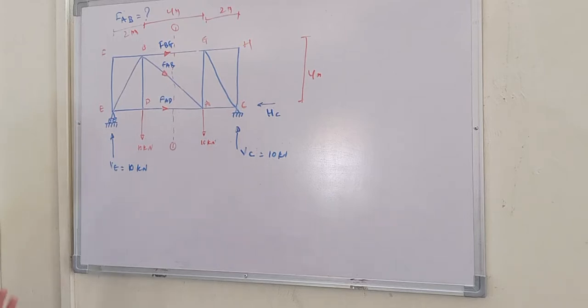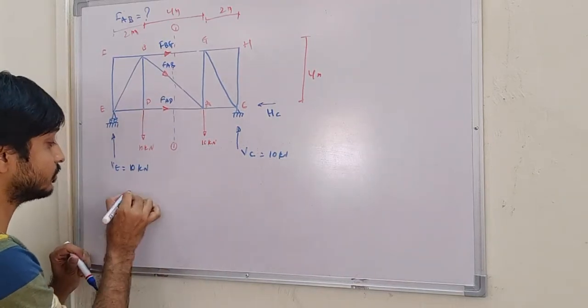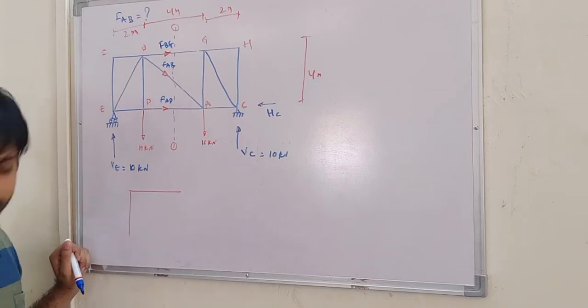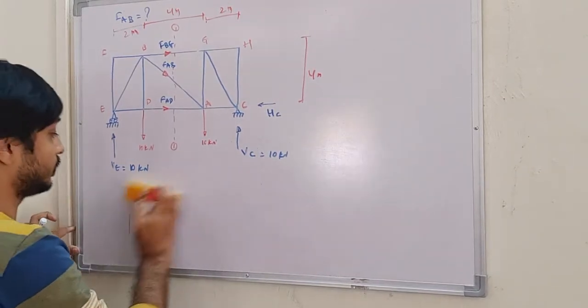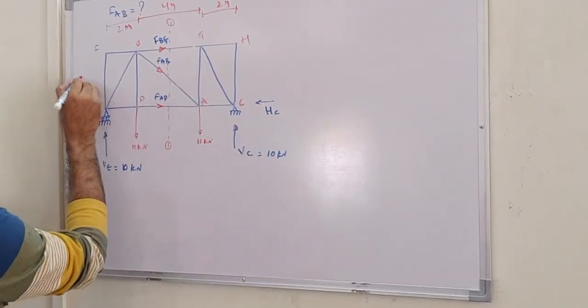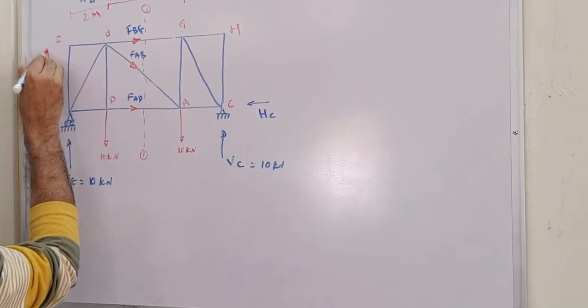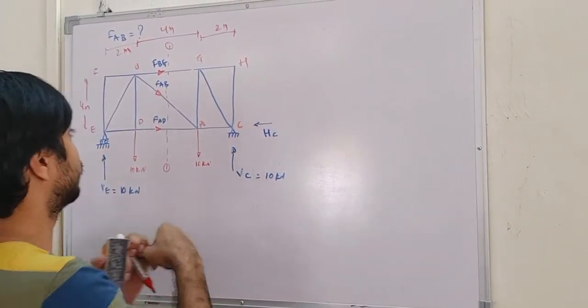So now, let me write here. So this is 4 meter, I write here. I'll draw the diagram here, this side.